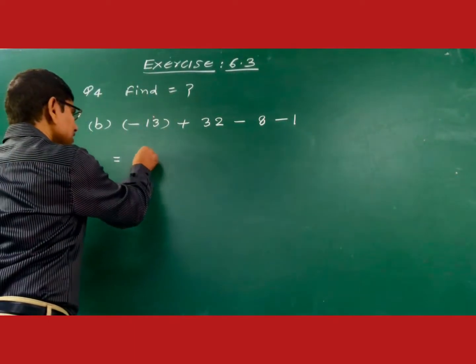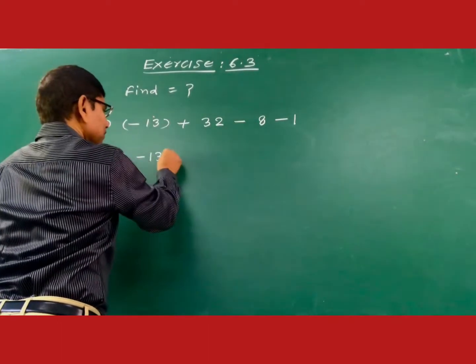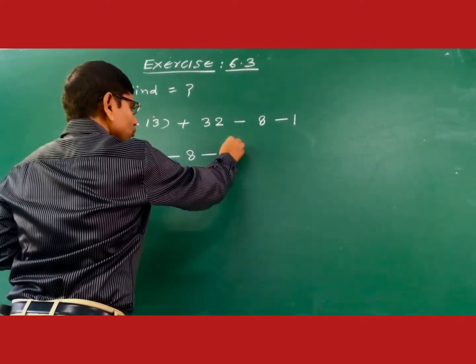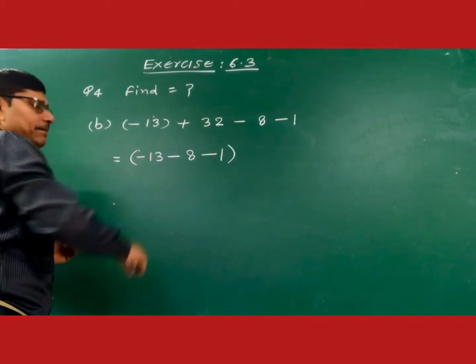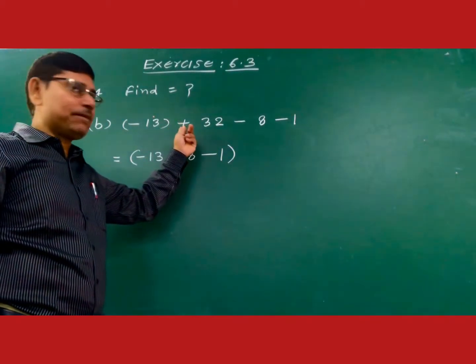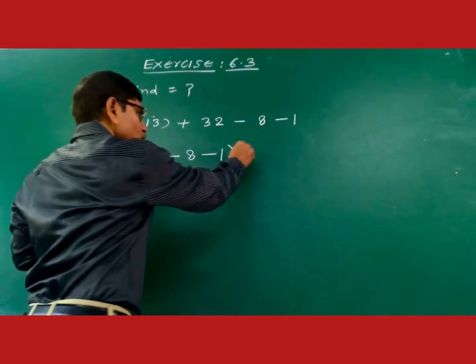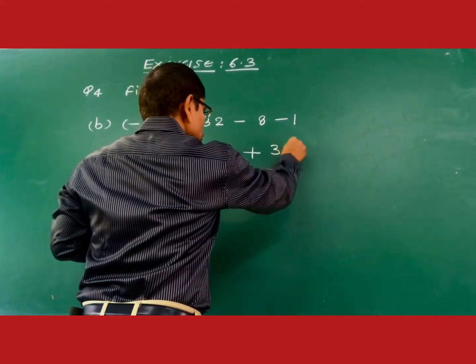That is -13 and then -8 and then -1, and you can write this in brackets, no problem. And after that, the next integer is a positive integer, so you will write +32.